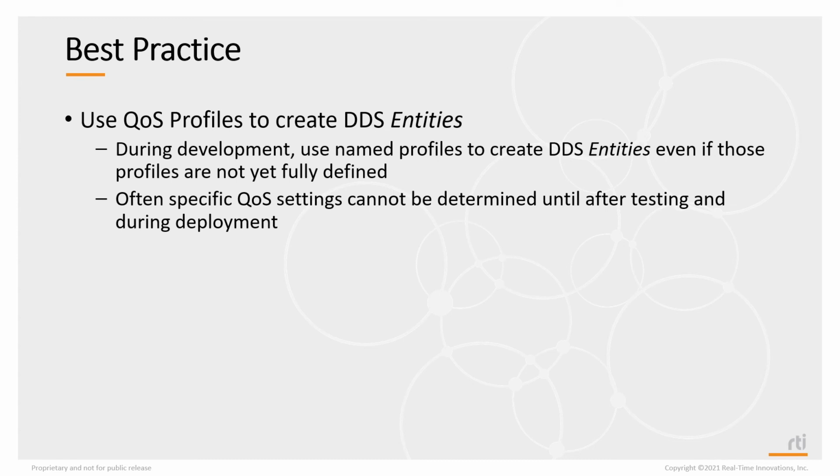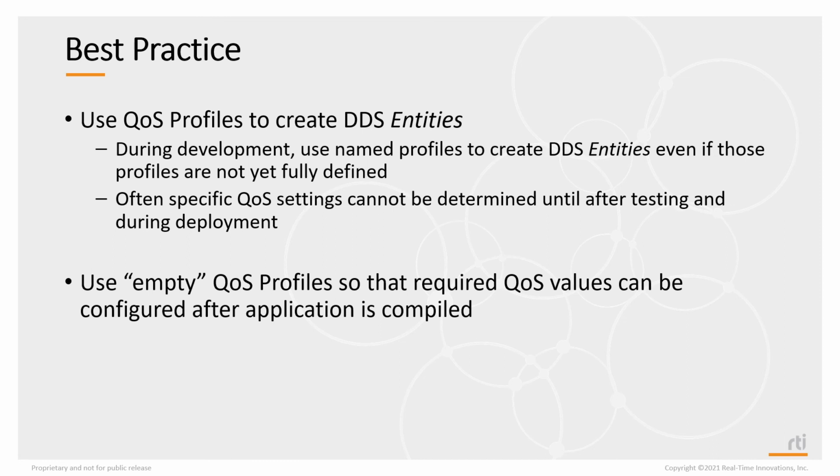It's possible that you can't define the actual values that will be used for a profile at programming time. When you're doing coding, you may not know what those values should be, and you won't know until after testing. And even during deployment, those values might change.